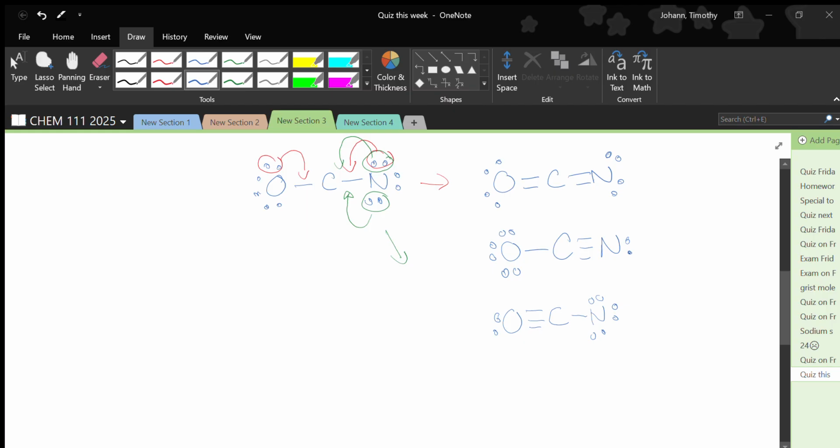And in that case, I'll take that arrow and move it. I haven't done it over here, and I won't, but that's just taking 2 of those pairs and using them for bonds instead over there. So let's go ahead and do that. Let's make sure we're pointing at the right ones. You okay with me not drawing the arrows for the other one? It's going to get really messy fast.